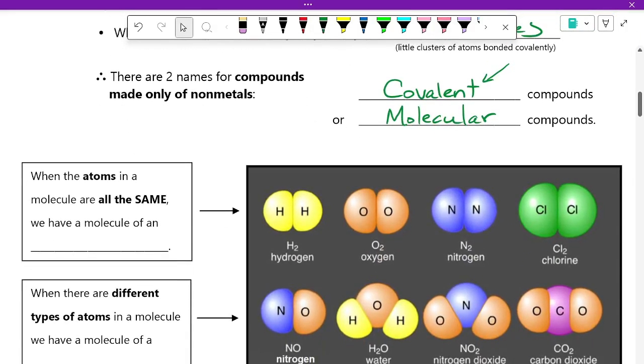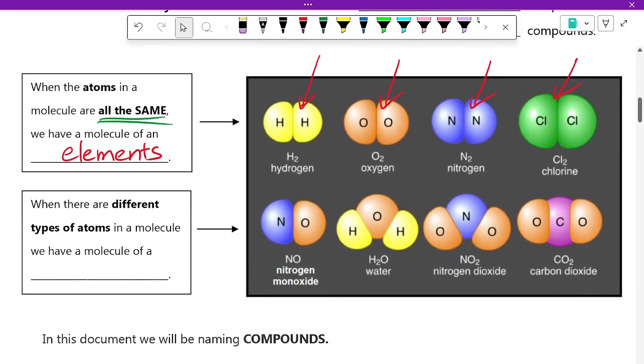If you have a molecule in which all the atoms are the same, like what do we call all of these things here? Those are molecules of elements. When there are different types of atoms, we have a molecule of a compound. And we're not going to worry about elements anymore because you guys are good at naming elements.